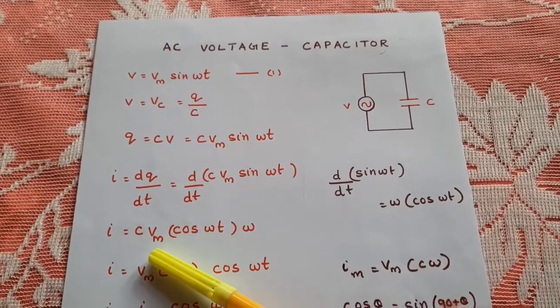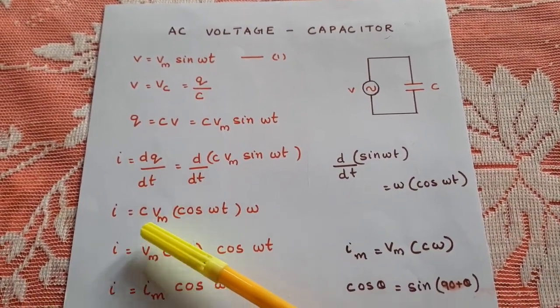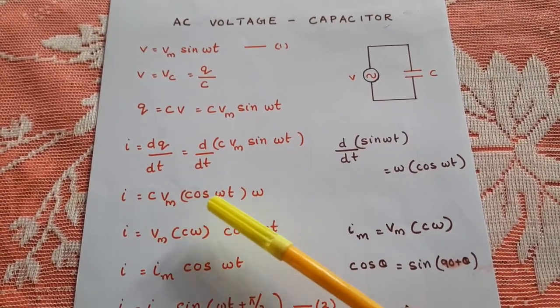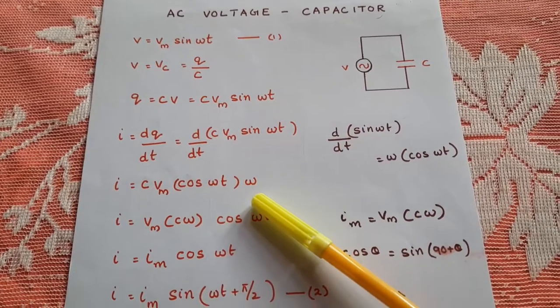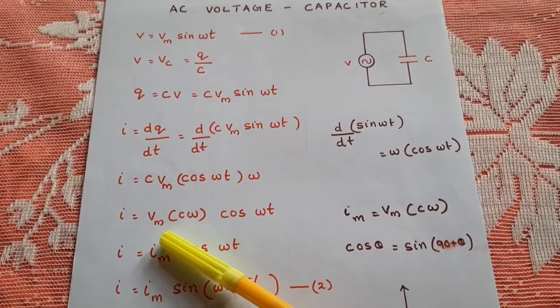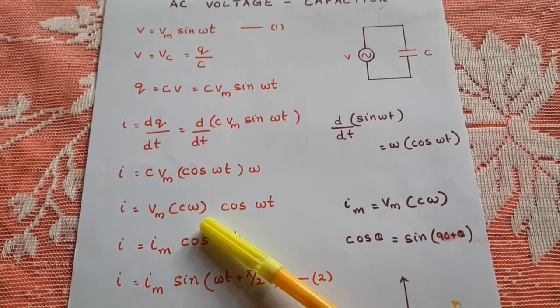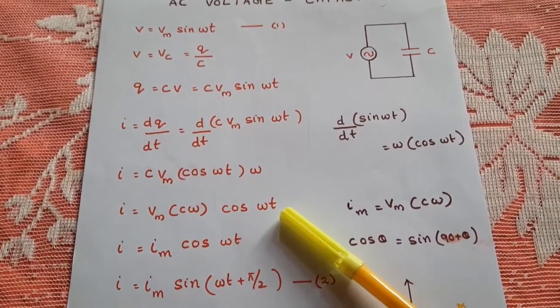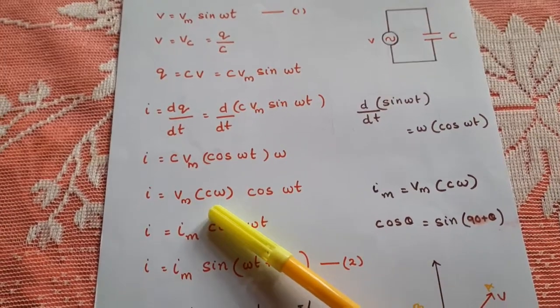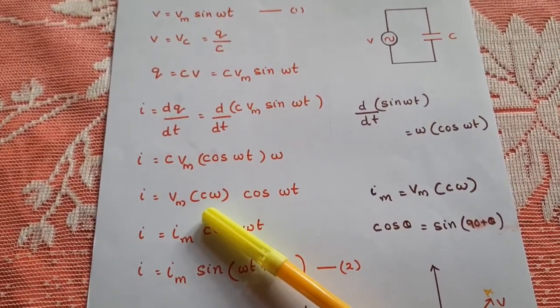Therefore, instantaneous current I is equal to Cvm cos omega t into omega. That is equal to Vm into C omega cos omega t. Vm into C omega is the current amplitude, Im.